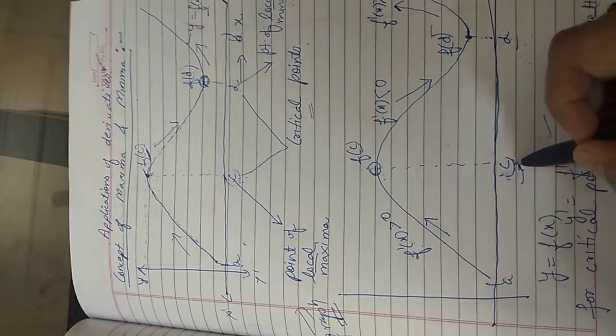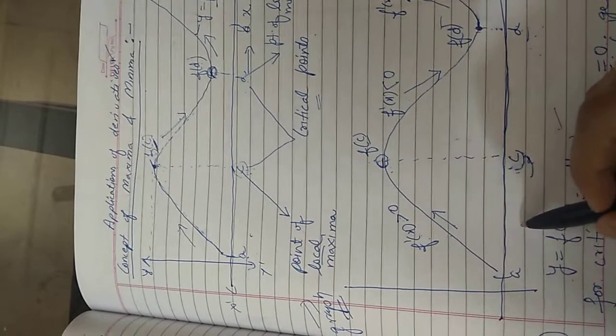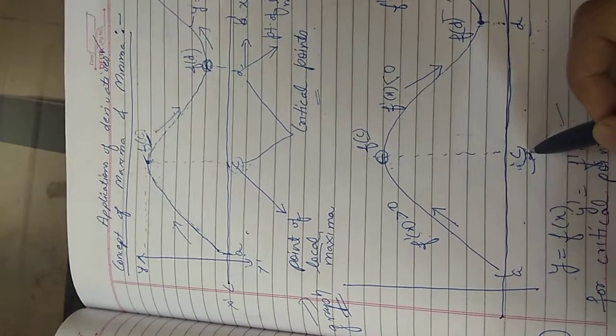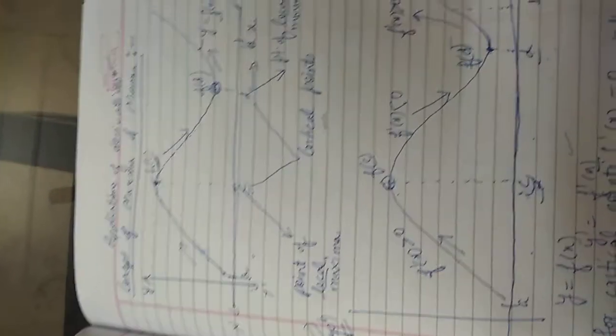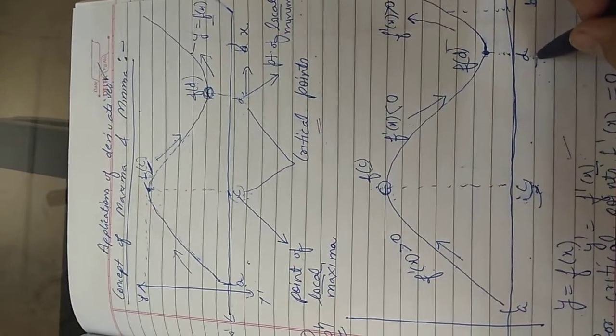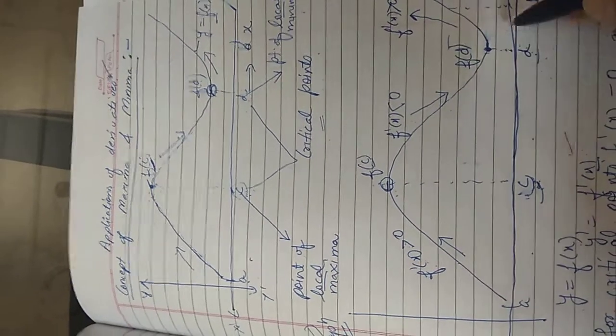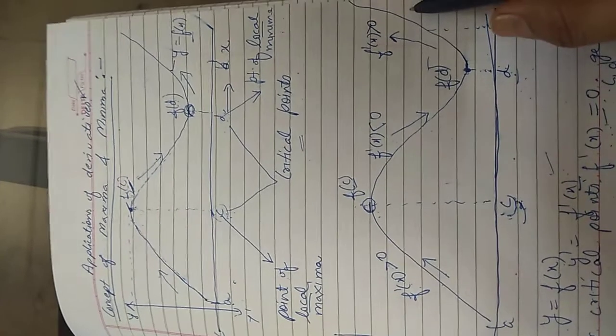I am repeating, when the derivative before C is positive and after C it is negative, C is called the point of local maxima. And D will be called the point of local minima, where before D the sign of the derivative is negative and after D the sign of the derivative is positive.